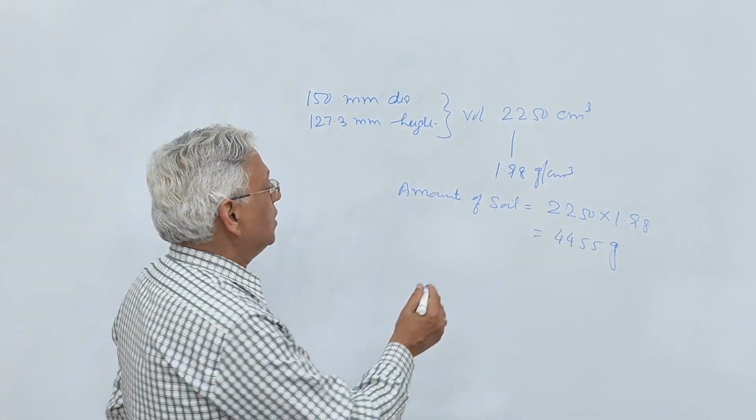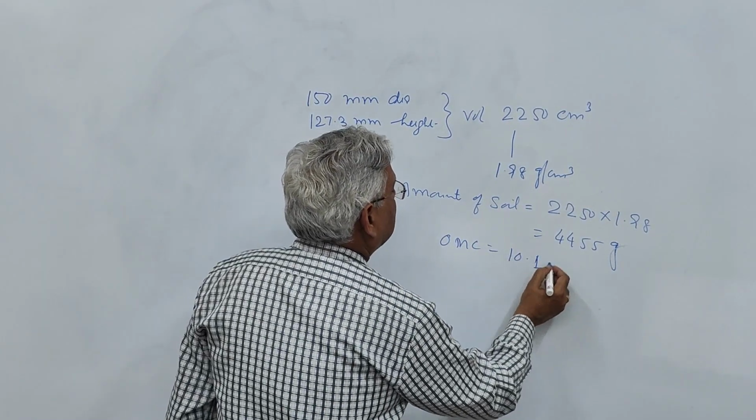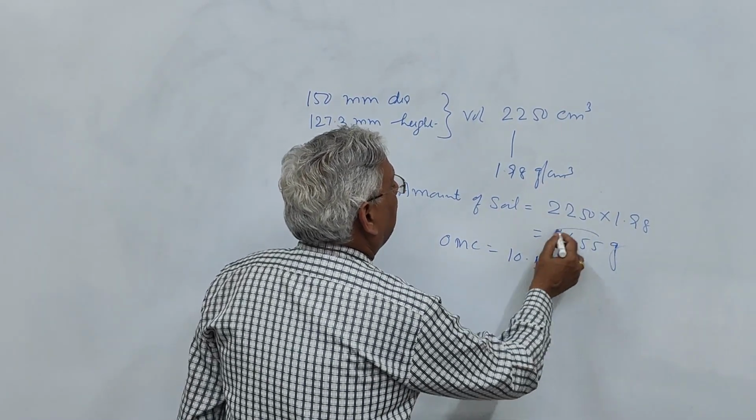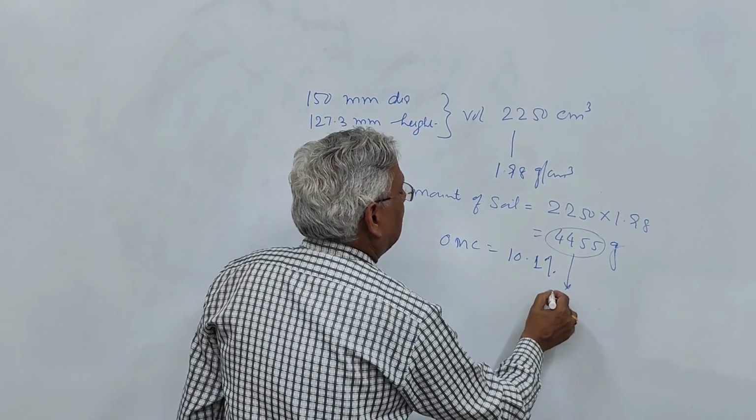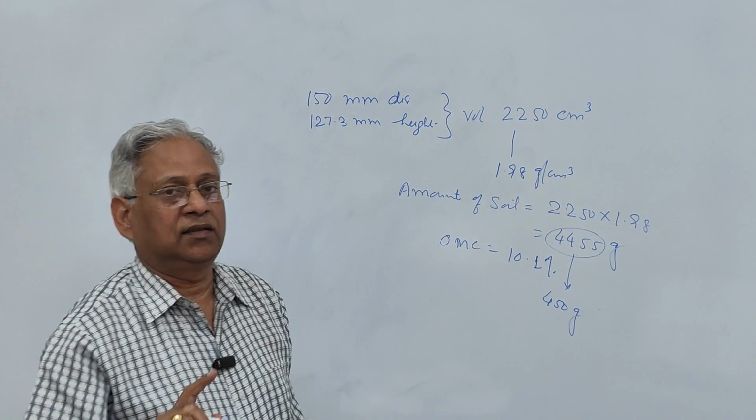And if the OMC of this soil is, let us say, 10.1%, then take 10.1% of this, that will be 450 gram or 450 ml of water.